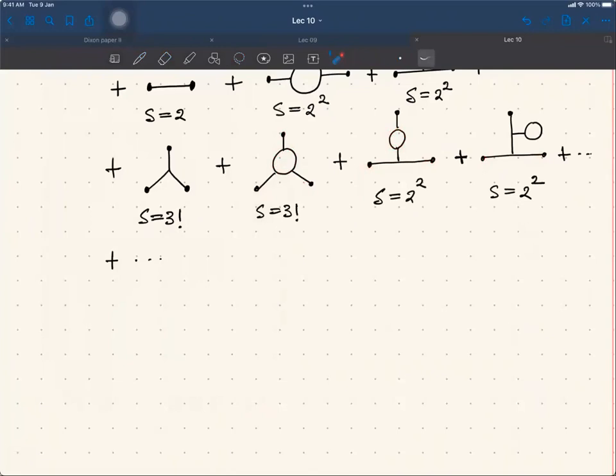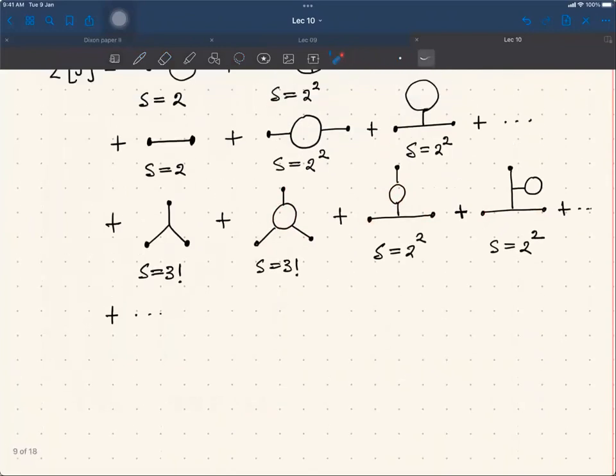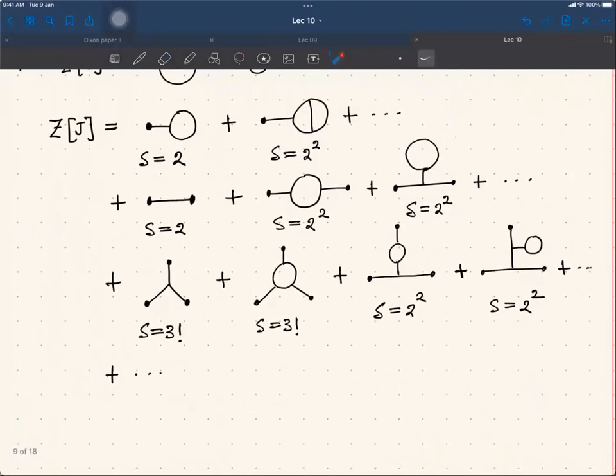So this is how you can calculate the symmetry factors, by looking at the symmetries of the diagram, and then the Feynman rules. You use them to get the expression for each of the terms. So Z[J] will be the sum of all these terms and many more, an infinite number of terms.